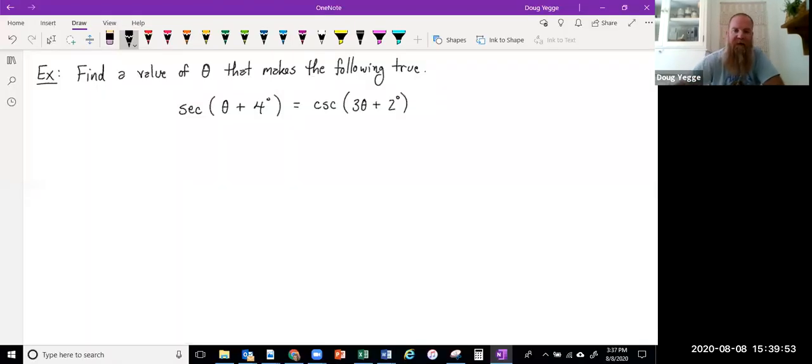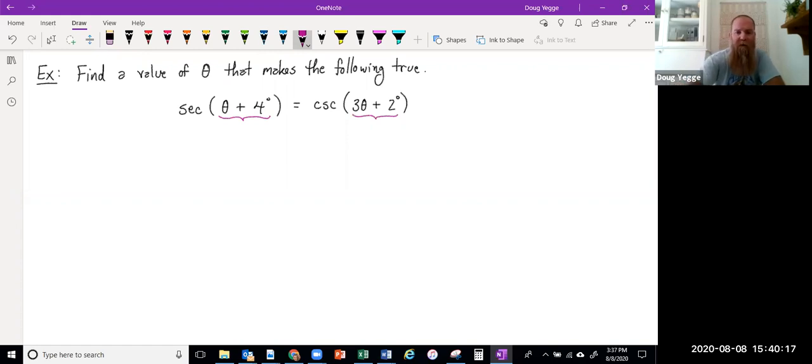So using this identity, we should be able to create an equation to find a value of theta that would make this statement true. Supposedly there is some theta value where this value is equal to cosecant of this value.